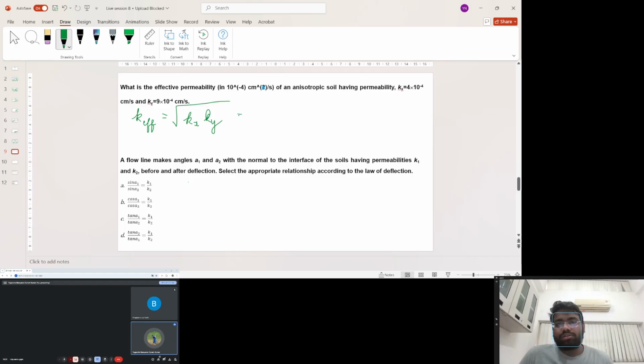So Kx is 4 into 10 power minus 4 into 9 into 10 power minus 4. Which will give, 10 power minus 4 can be taken outside and it is 36. It will be 6 into 10 power minus 4 centimeter per second. K effective.